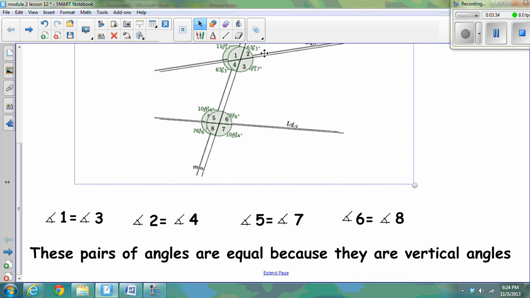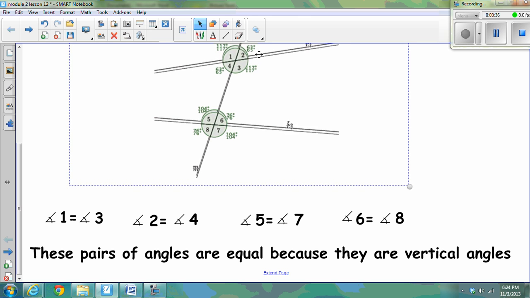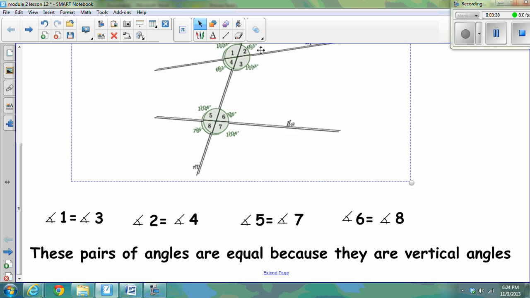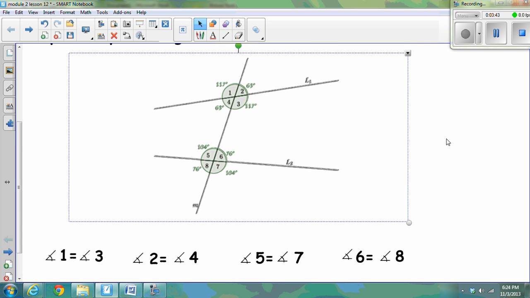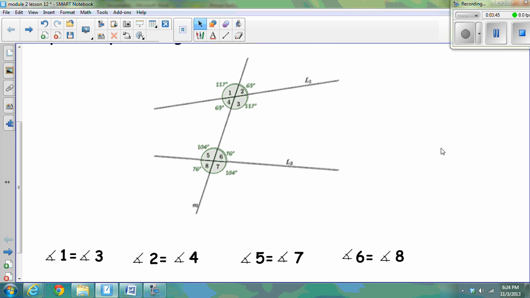The more you do it yourself, the more you'll convince yourself, and you'll remember that the angles that are vertical map onto each other. So vertical angles are equal in measure, since after we rotated 180 degrees, the angle mapped to its opposite angle. And since rotations are degree preserving, we know from the last few lessons in this module, it means that angles are equal in measure.